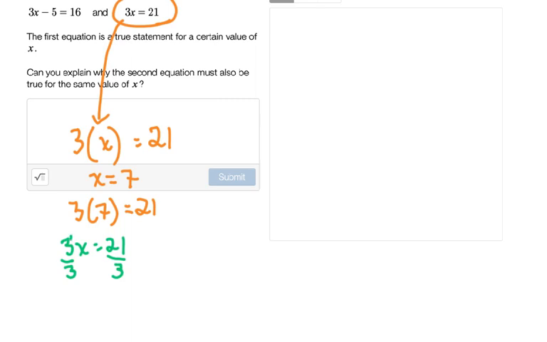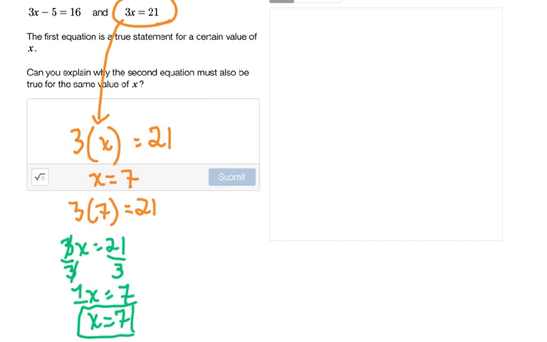If I divide both sides by 3, 3 divided by 3 gives me 1x, and 1x is equal to 7, because 21 divided by 3 is 7. Therefore, we drop the 1 in front of the x, and we simply say that the value of x is equal to 7.